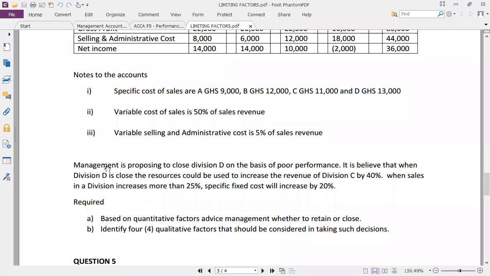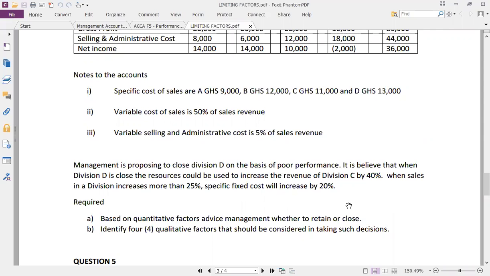Now the last note is that management is proposing to close division D on the basis of poor performance. It is believed that when division D is closed, the resources could be used to increase the revenue of division C by 40%.